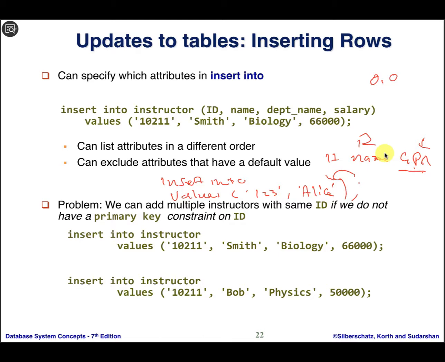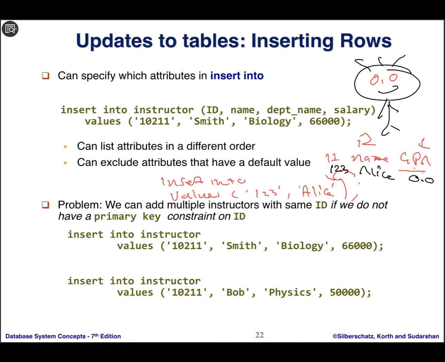Do you have a default value defined when you define the relation? Yes. What's the default value? 0.00. So in this case, we're going to have a new student where the ID is 1, 2, 3, the name is Alice, and the GPA is going to be 0.0 if you assume the default value is 0.00. Okay? And we can change 0.00 to something else.